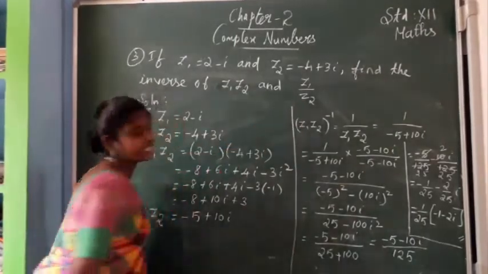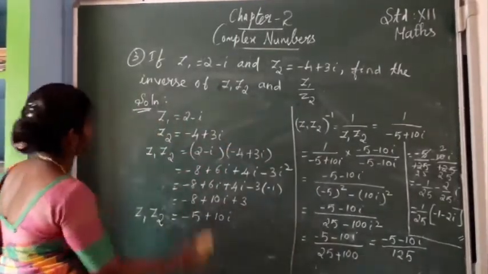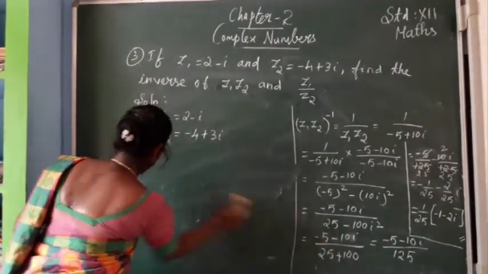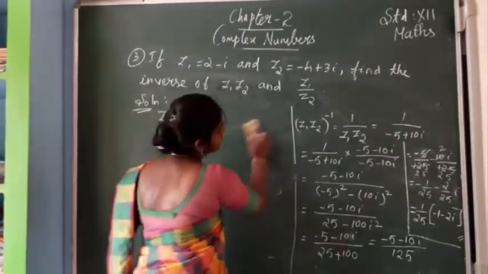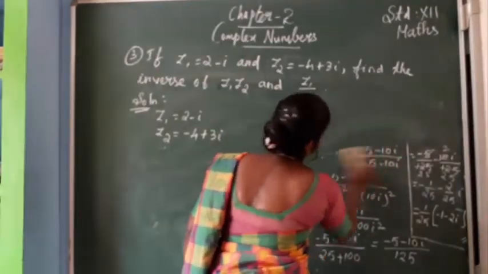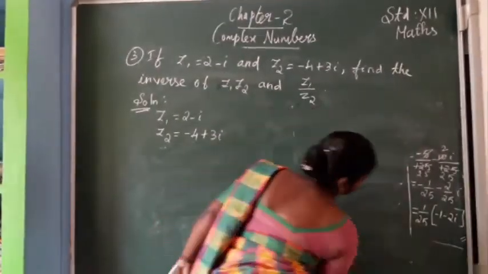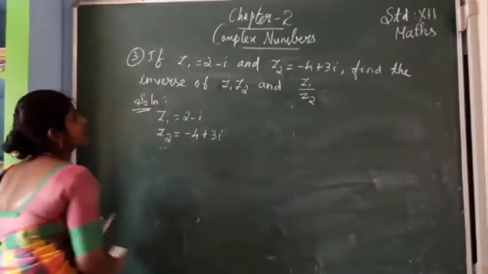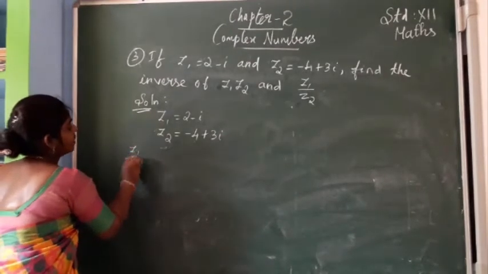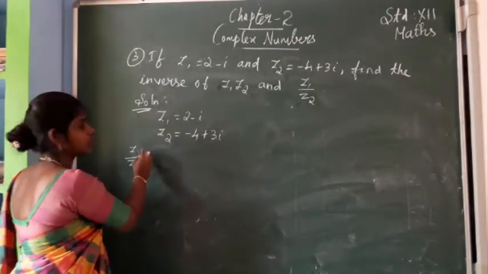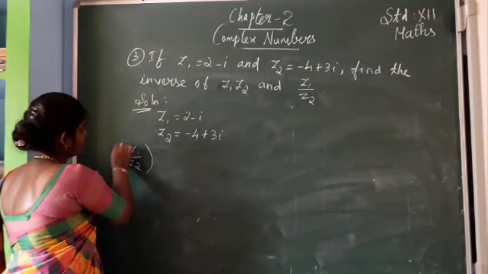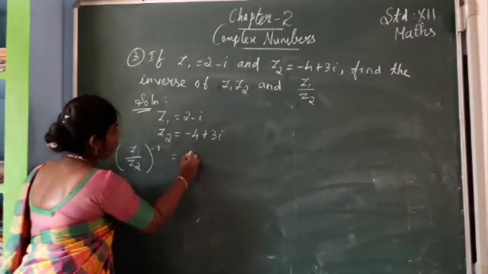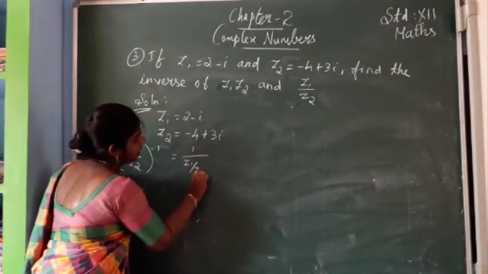Next we can do for z1 divided by z2. So z1 divided by z2 inverse you have to find. So inverse of z1 divided by z2 is 1 by z1 divided by z2.